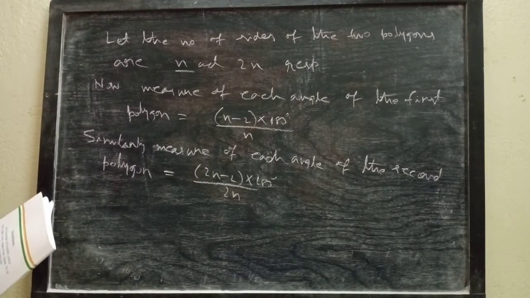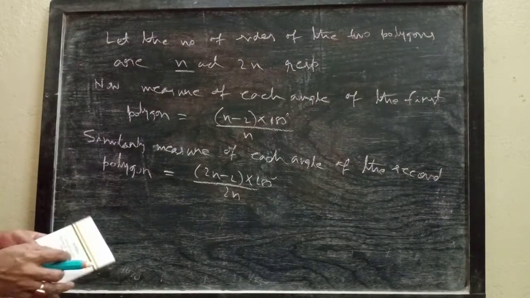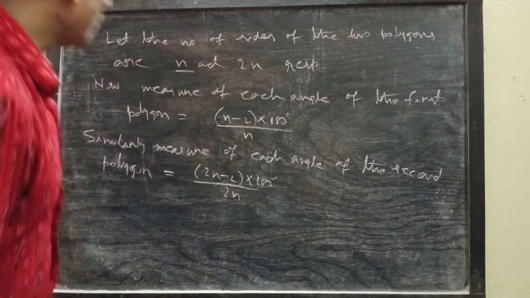Now, according to the question, the ratio of the measure of their angles is 3 is to 2. So now we have the equation.